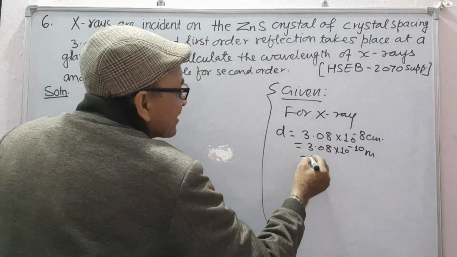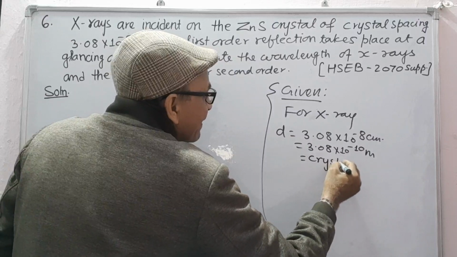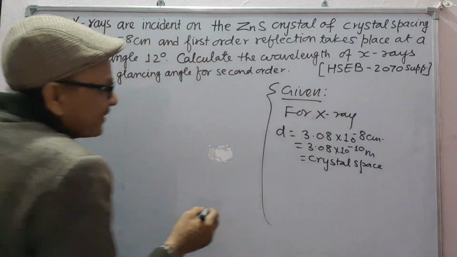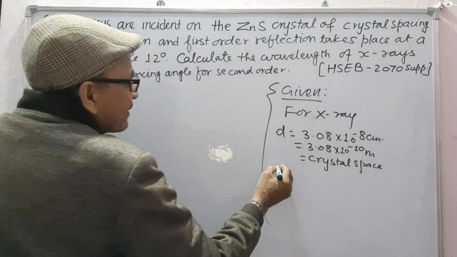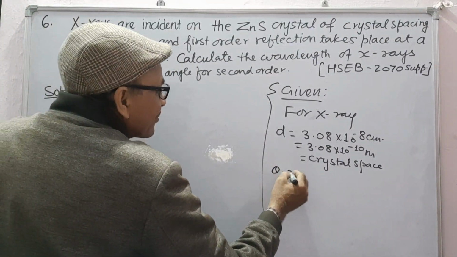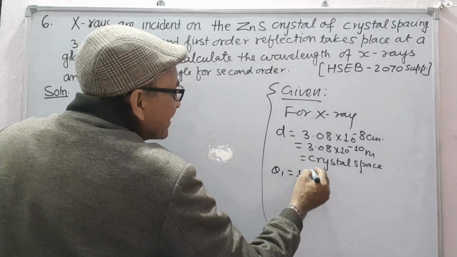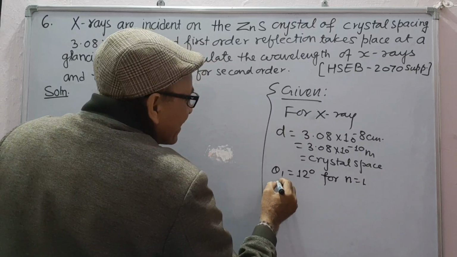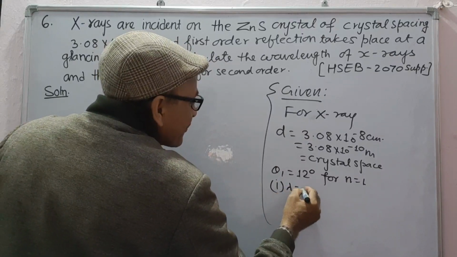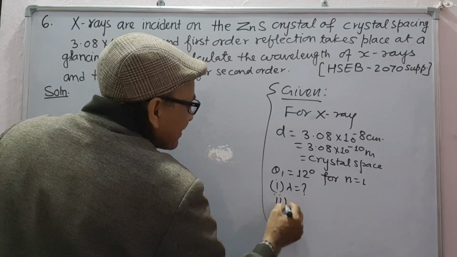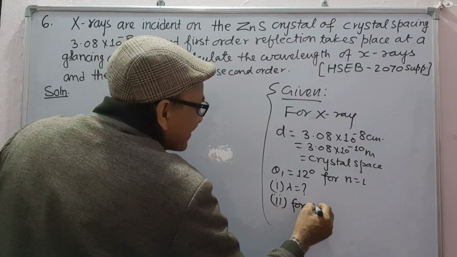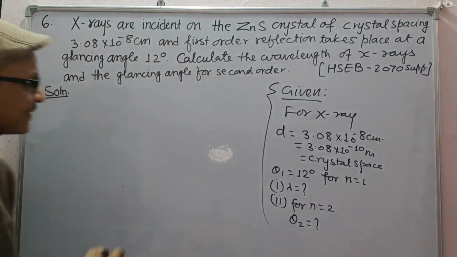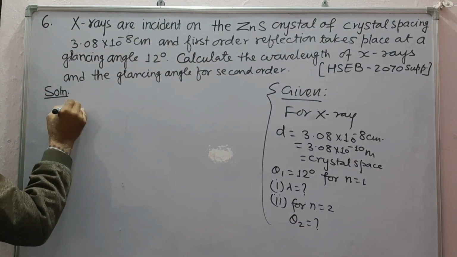This is crystal spacing of zinc sulfide crystal. Theta 1 is equal to 12 degree for first order, n is equal to 1. We have to find wavelength lambda, and secondly for n is equal to 2 we have to find glancing angle theta 2.